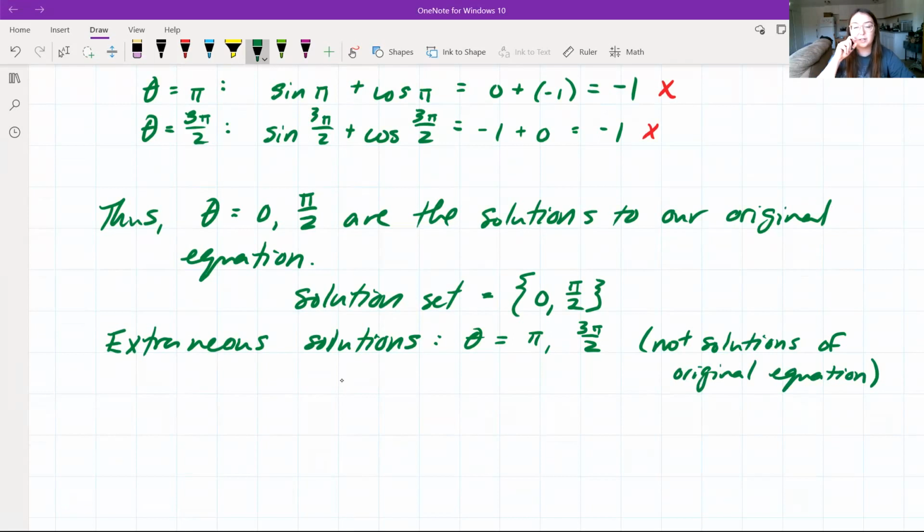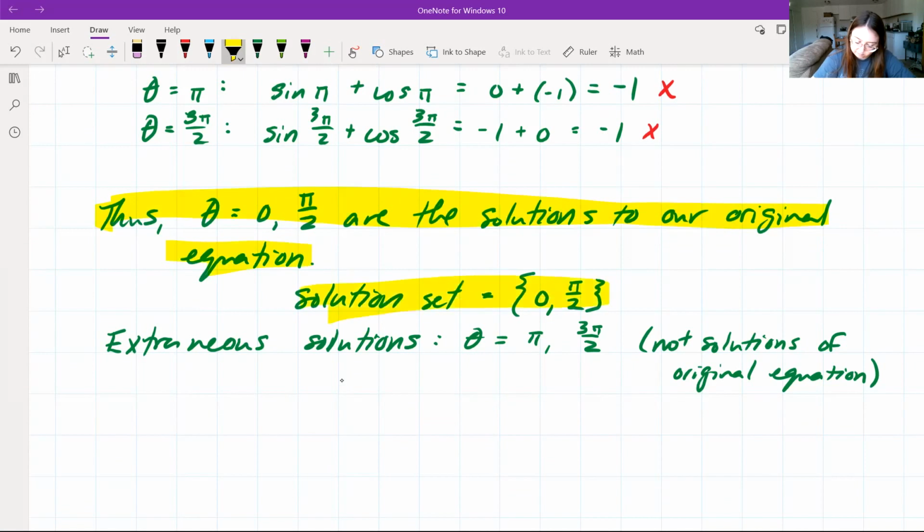It just means that they're solutions of our equation if it was actually squared. So that's what that means if in MyMathLab it were to ask you which ones were the extraneous solutions.